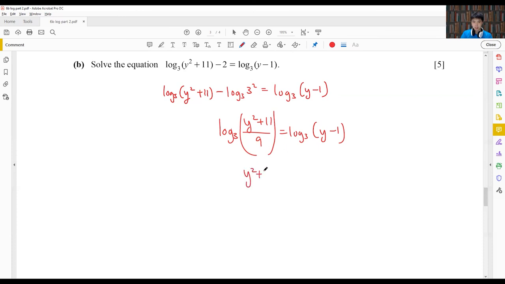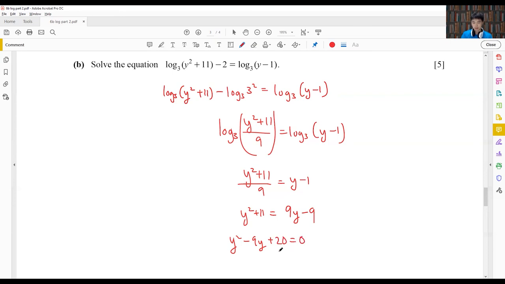Y squared plus 11 over 9 is equals to y minus 1. Bring the 9 over, y squared plus 11 is equals to 9y minus 9. And then bring them all back onto the left-hand side to let the equation equal 0. Y squared minus 9y plus 11 plus 9, which is just plus 20, equals to 0, right?